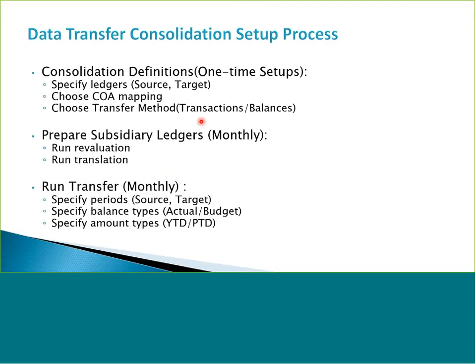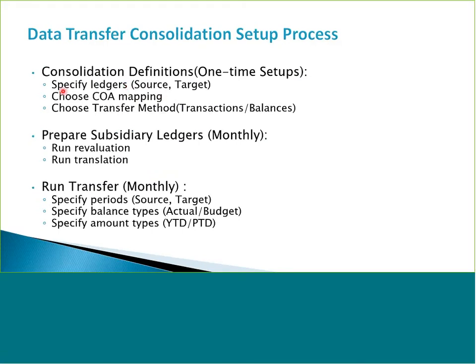The other thing we need to do is to choose the chart of accounts mapping. So what is this chart of accounts mapping? We have said that for the data transfer consolidation, the subsidiary and the parent companies, or the source ledgers and the target, they can differ in all the three C's: the chart of accounts, the calendar, and the currencies. Okay.